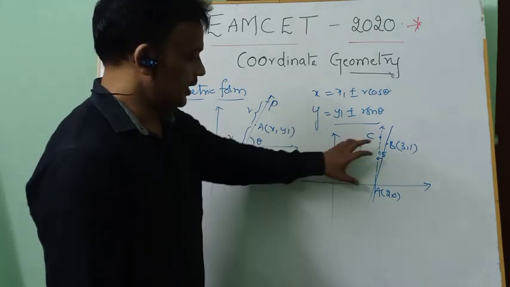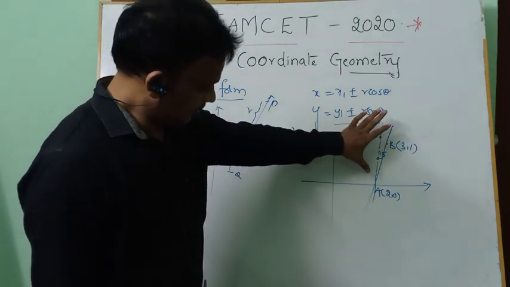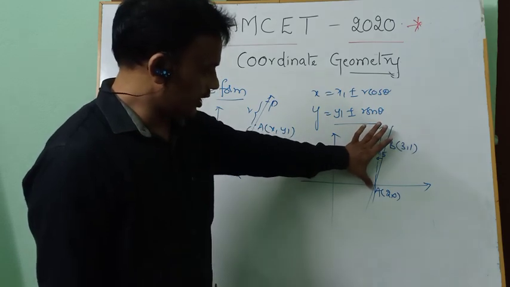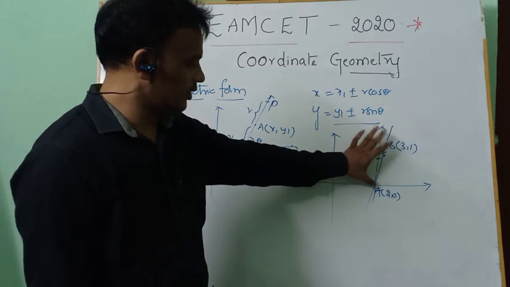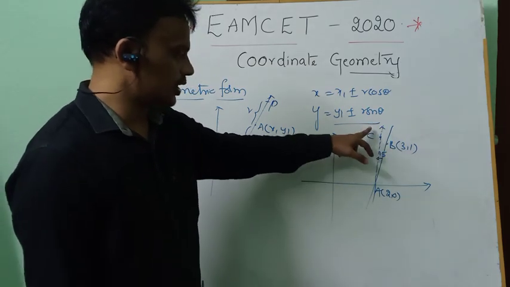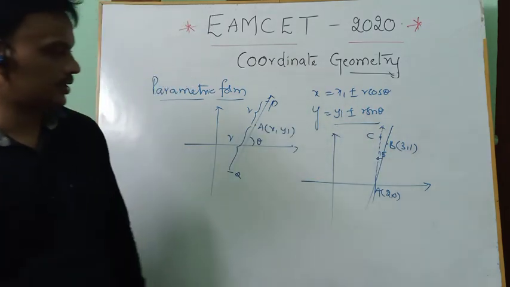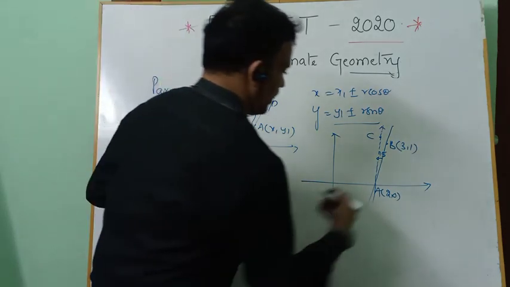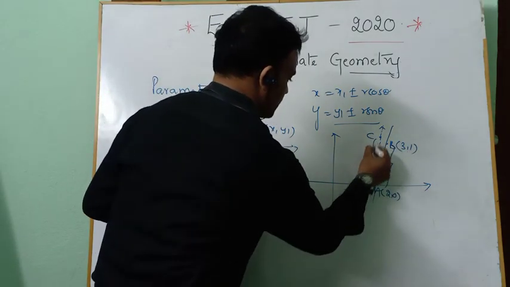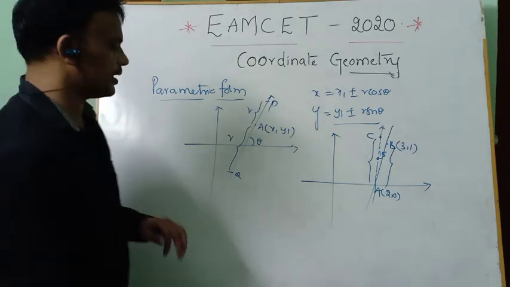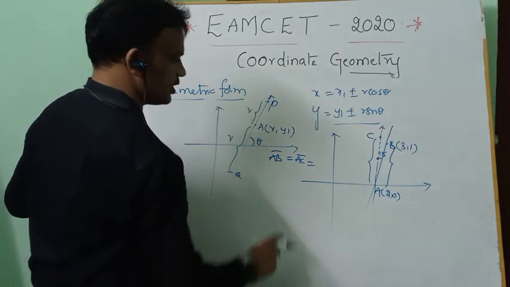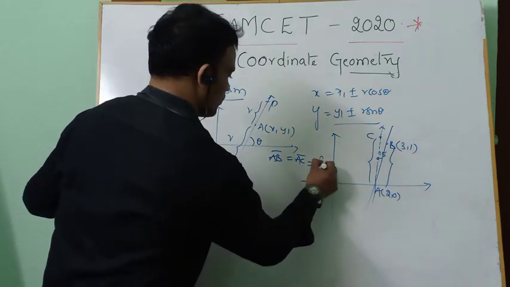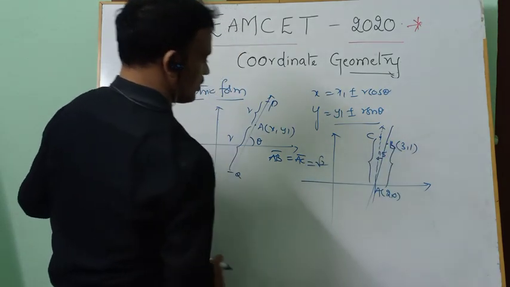Understood, children? A and B are the two points. The line AB is rotating with respect to A in the anti-clockwise direction, and the point B moves to C. What is that point? Here in both cases the length should be the same: AB length equals AC length, which is root of (1 minus 0) whole square plus (3 minus 2) whole square, that is root 2.